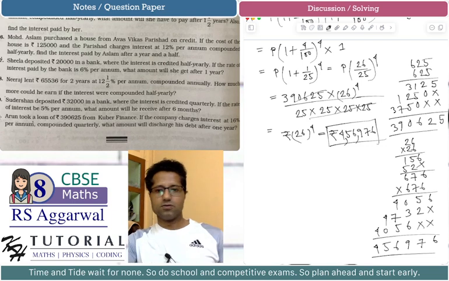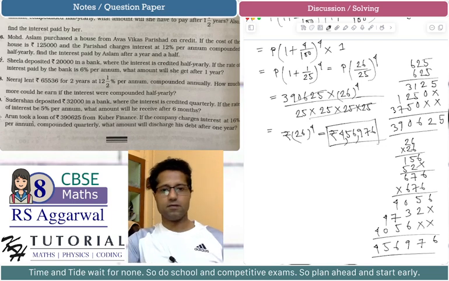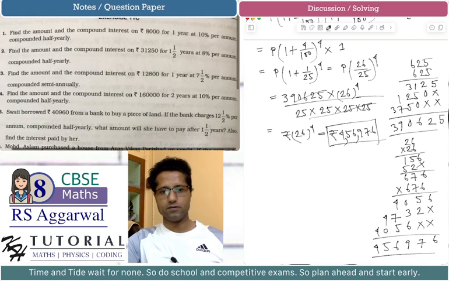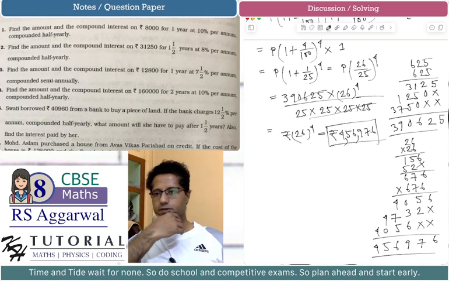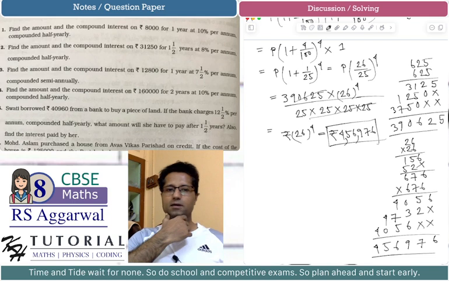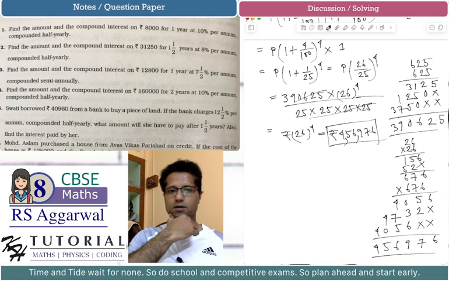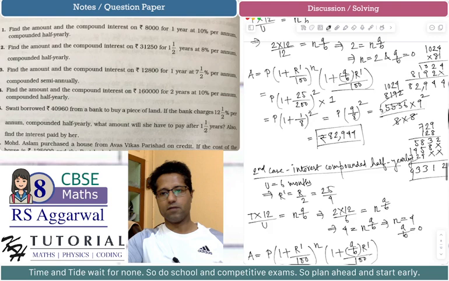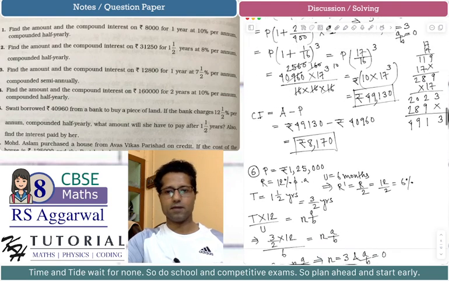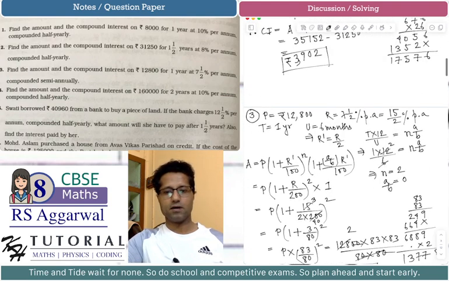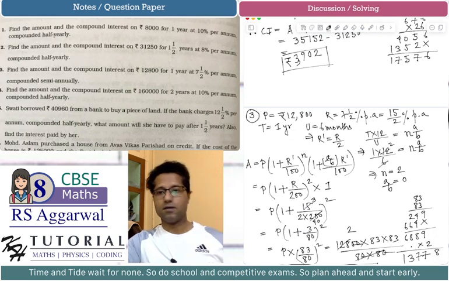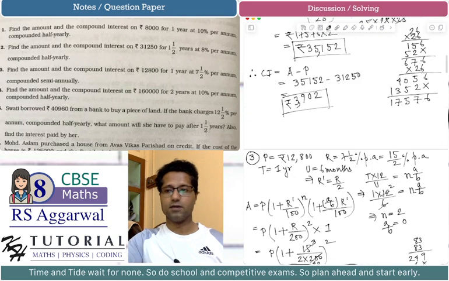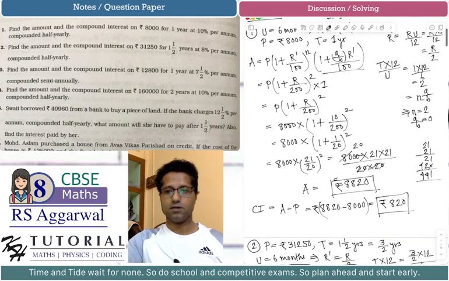Okay. So this brings to an end in solving the problems of exercise 11C, which were based on the compound interest, where the interest is being compounded half yearly or quarterly. I hope solving this problem will give you a good insight of how to understand the problem and apply the concept of calculating compound interest using my general formula.